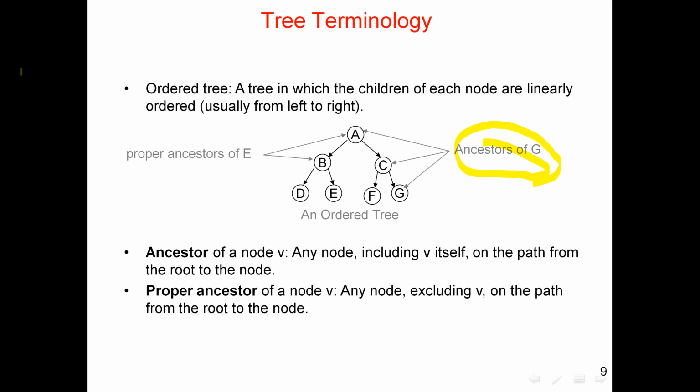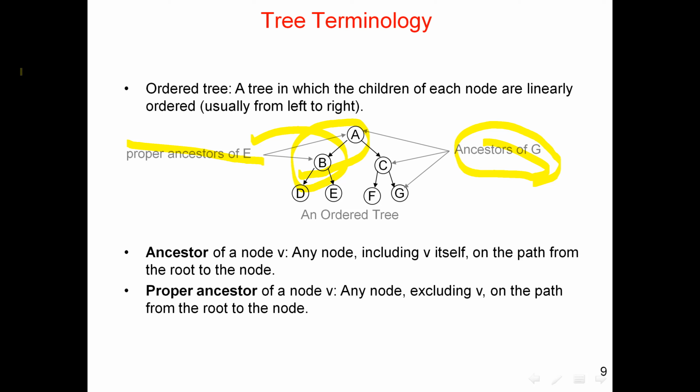But a proper ancestor means the node without the node itself. Like you can see here, B and A are the proper ancestors of E. And like ancestor, we also have descendant. Descendant means from parent to child.